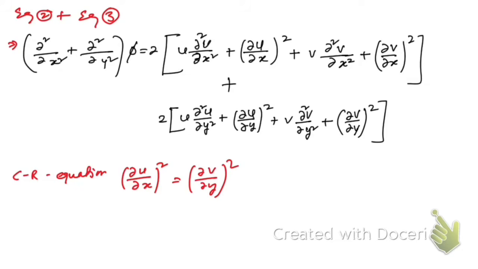And what we can have, del u del y whole square is equal to minus del v del x whole square, right? So I hope you have already got the Cauchy-Riemann equations, and I have squared the Cauchy-Riemann equations here, right?